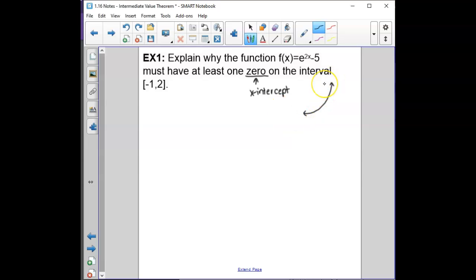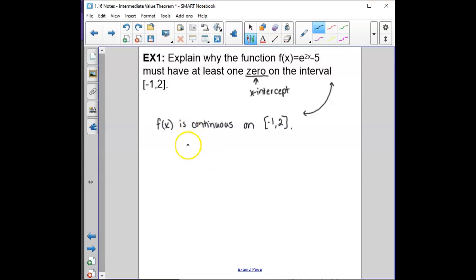They are continuous everywhere. So the first thing I'm going to say is f of x is continuous. I have to state that. So f of x is continuous, I guess I could say on the interval from -1 to 2, because that's the only interval that we really care about here, although f of x is continuous everywhere.